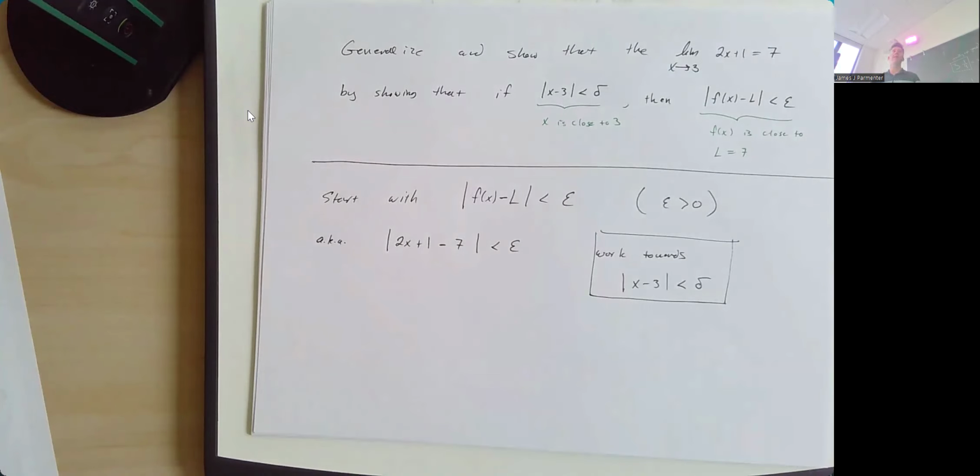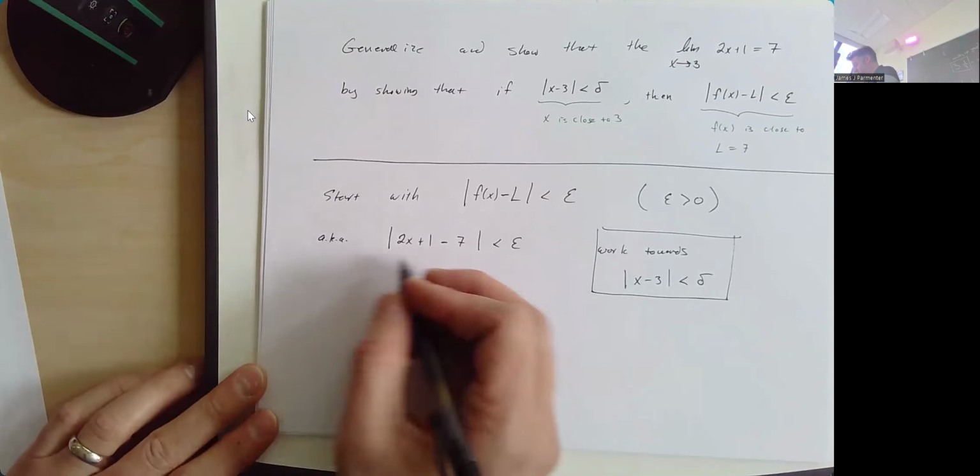We often say that, given we want the absolute value of f of x minus L to be less than epsilon, we're going to find a corresponding delta. So the delta we're finding depends on whatever epsilon happens to be. So let's do it. We're going to do a little bit of algebra.